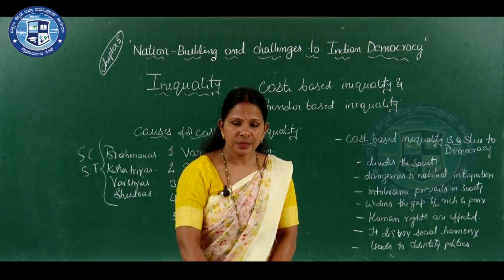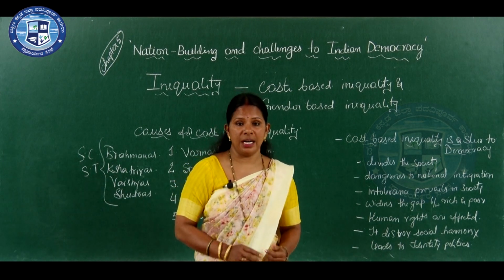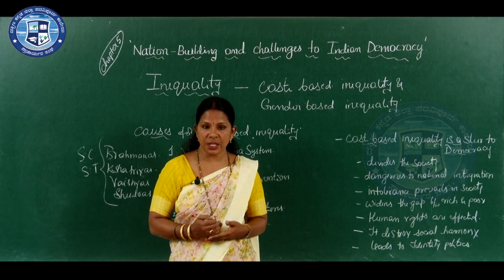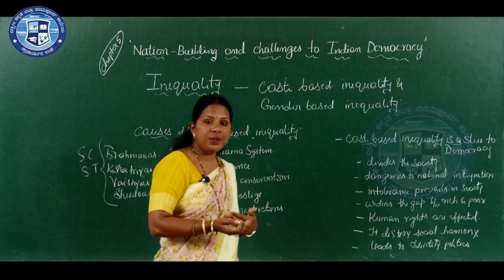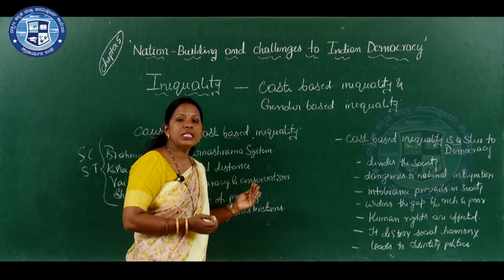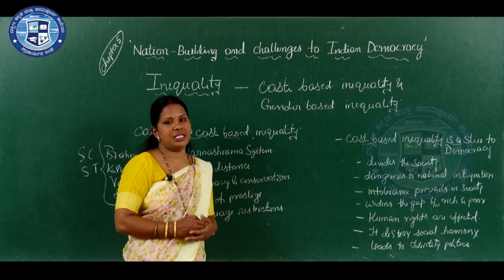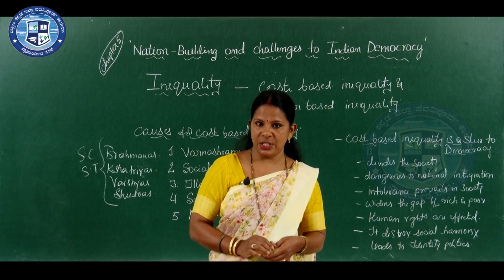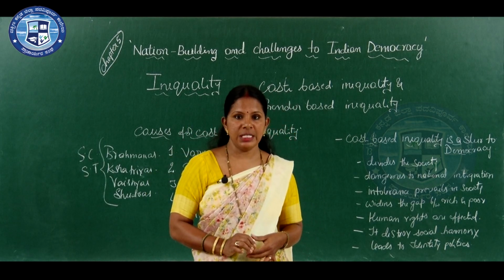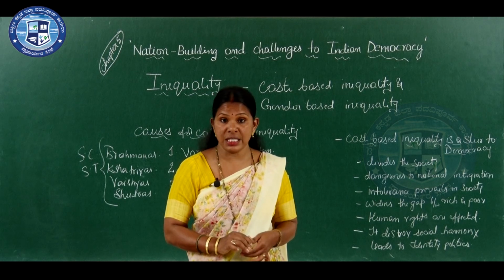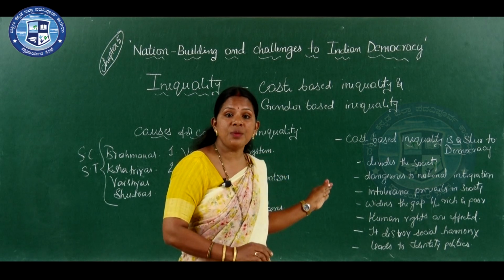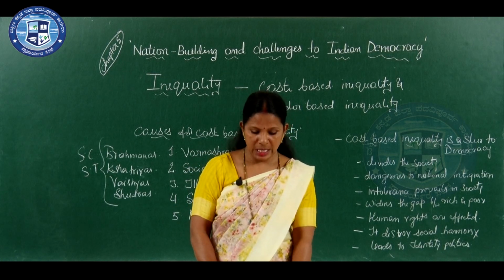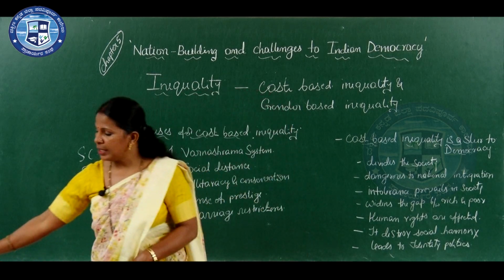So, the government of India started to think of providing reservation to uplift the people from this evil caste system. The government of India has provided the reservation. So, dear students, the reservation has a justification in the caste based inequality in India. Let me discuss the reservation system in India.